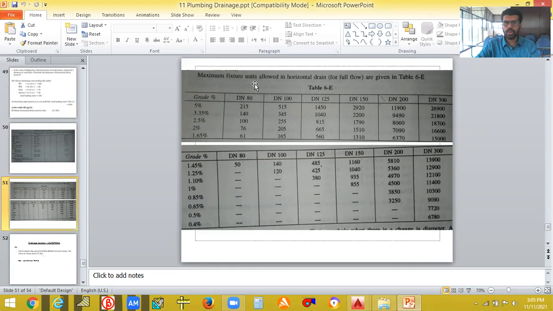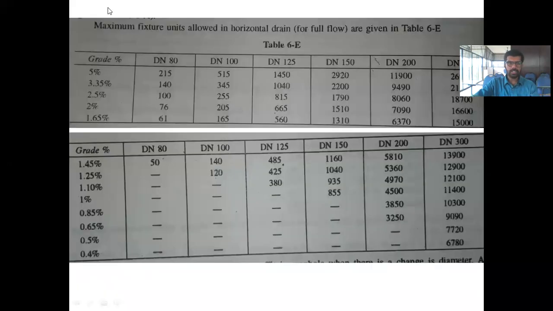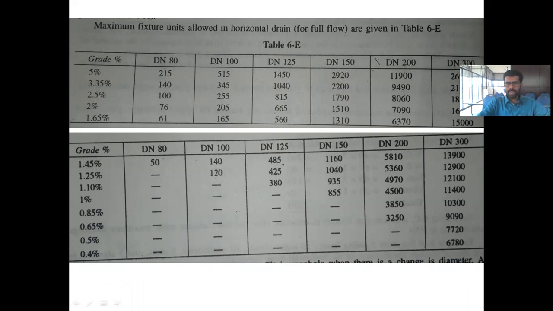Maximum fixture units allowed in a horizontal drain for full flow are given in 6C. Here the grade means the percentage slope: 5%, 3.35, 2.5. These are the slopes.